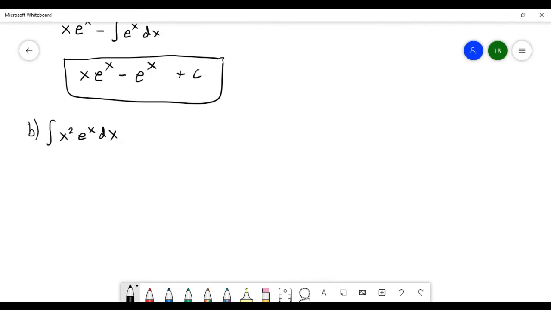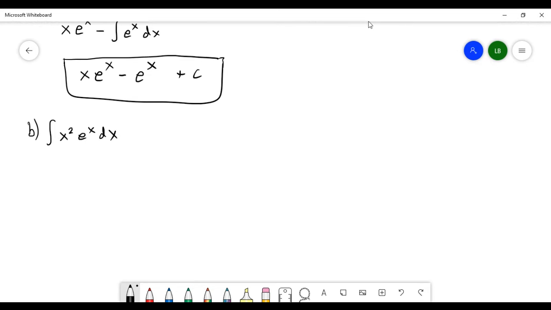Your second priority is you want the derivative of u to eventually go to 0. So for instance, let's say you had x squared. The first derivative is 2x, the second derivative is 2, and the third derivative is 0. So that tells you that you would prioritize making x squared equal to u over something like e to the x, because the derivative of e to the x is just e to the x no matter which derivative you take.